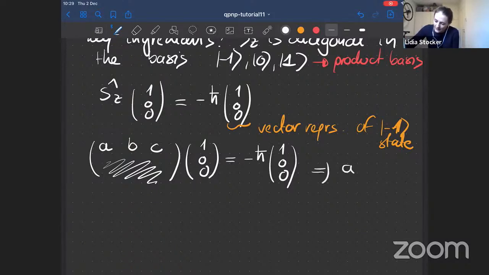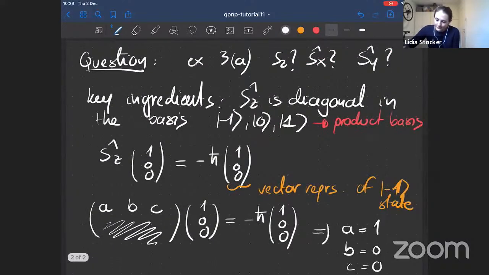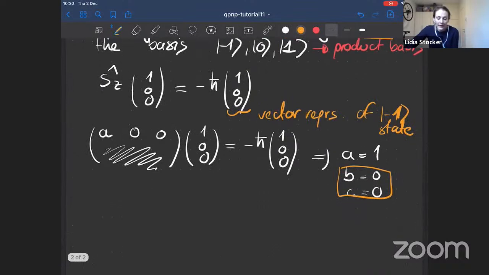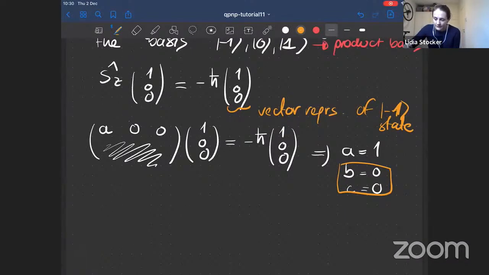This means that a is minus h bar, b is 0, and c is 0. B and c are ignored because it's diagonal. This makes it very easy here. Sz is diagonal in the basis, so these two follow from the previous fact.